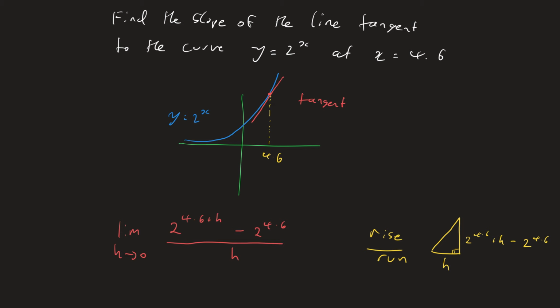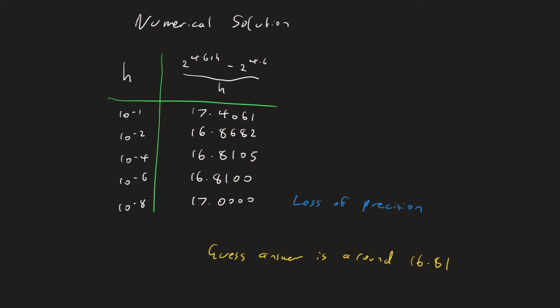the tangent line. We can try to solve this problem numerically simply by taking smaller and smaller values of h and evaluating the expression we found for the approximate gradient. This is known as a finite difference approximation.